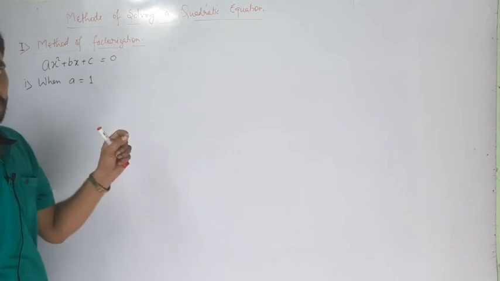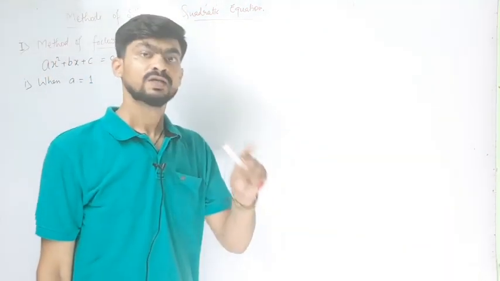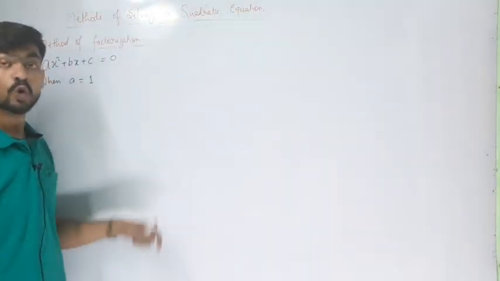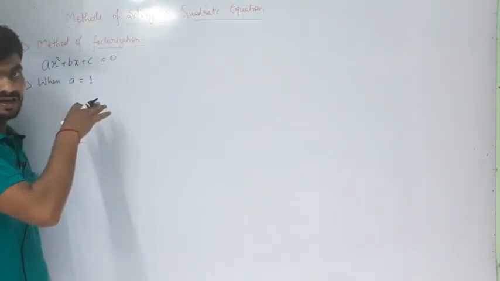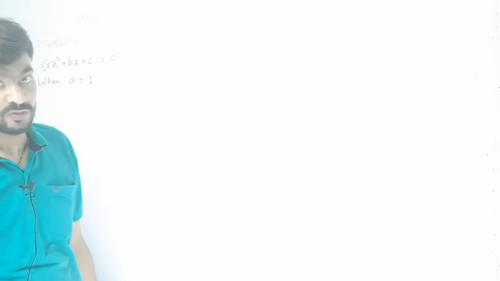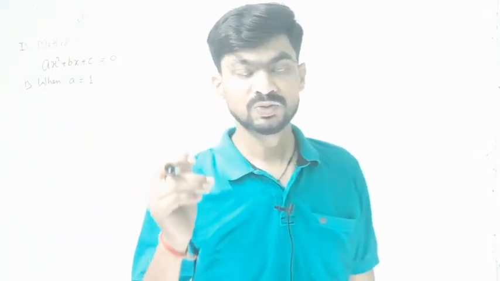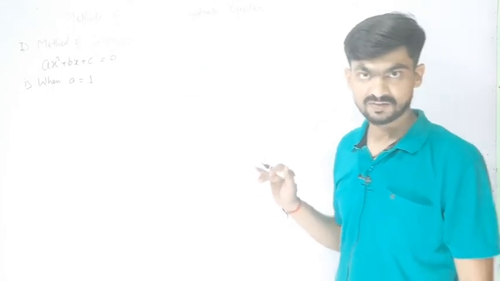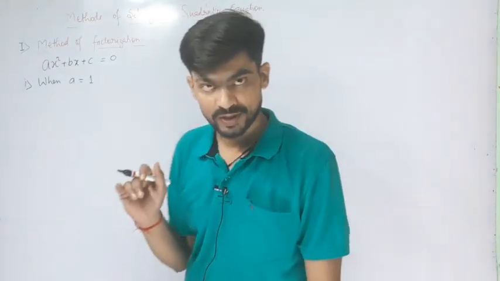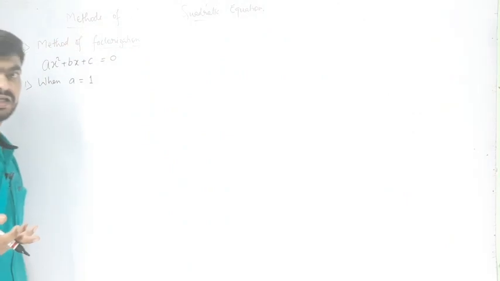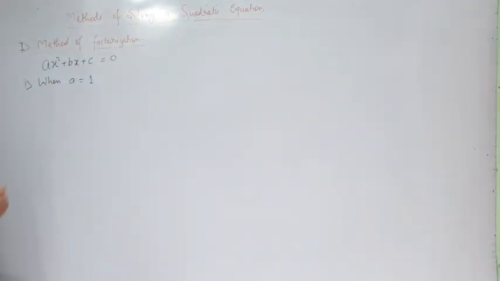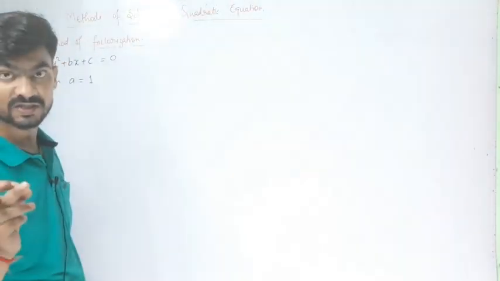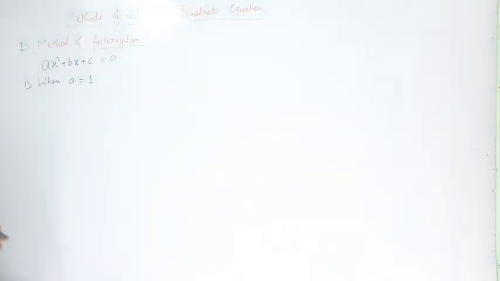These things have not been explained in your textbook, so you must be very careful while watching this video. Why? Because these things often create confusion in your mind and you sometimes forget how to factorize it. Once you are in the practice of these questions or methods, you will be quite aware and you will have no confusion in your mind. So be very attentive while watching this video.